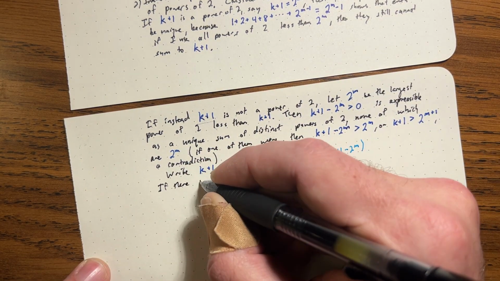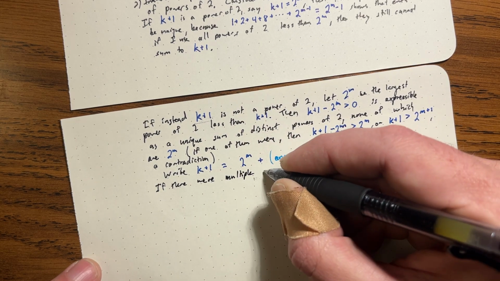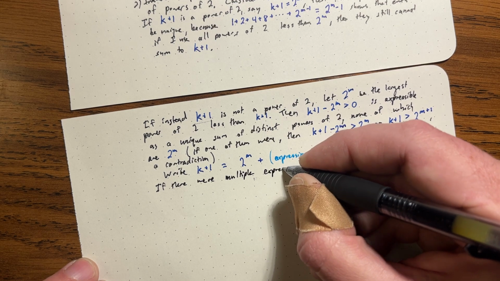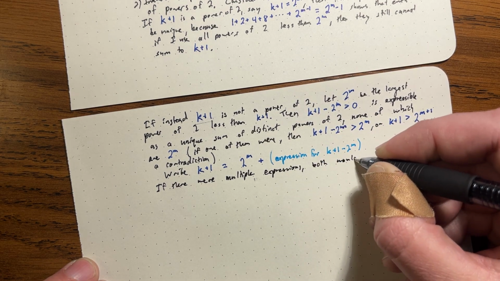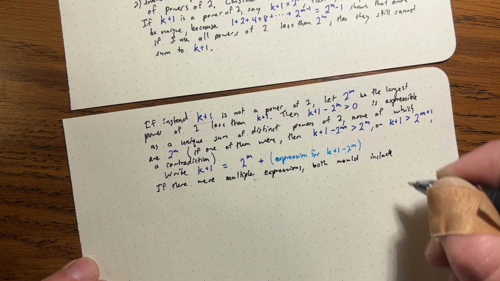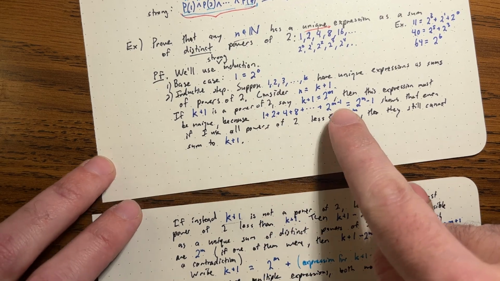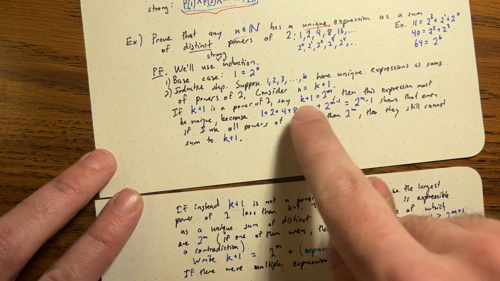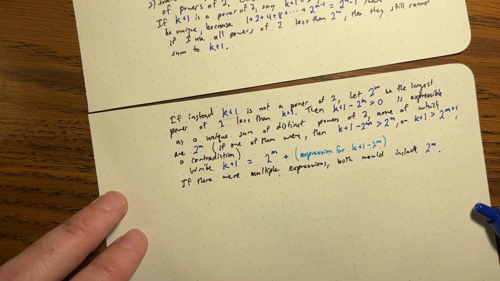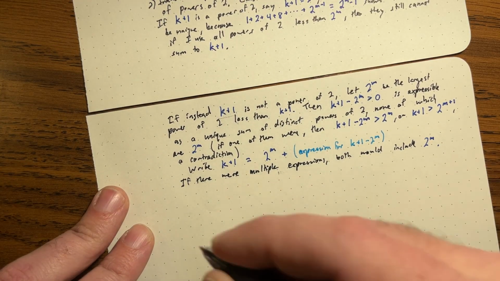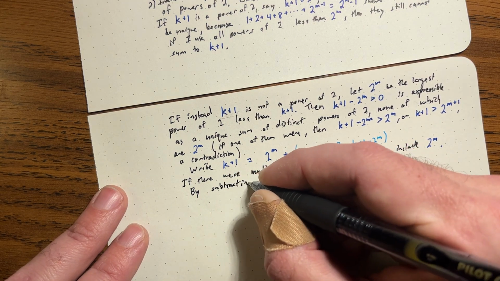If they didn't, well, best case they include everything else, but even that doesn't match up to 2 to the m, and this is bigger than 2 to the m. So both include 2 to the m, and we subtract 2 to the m from both arrangements.